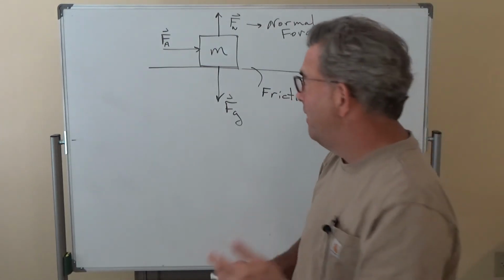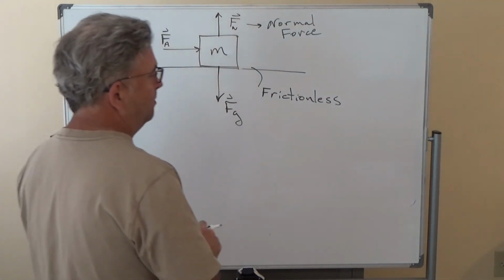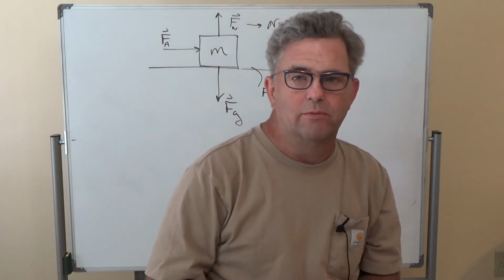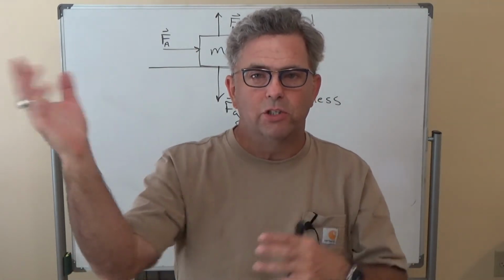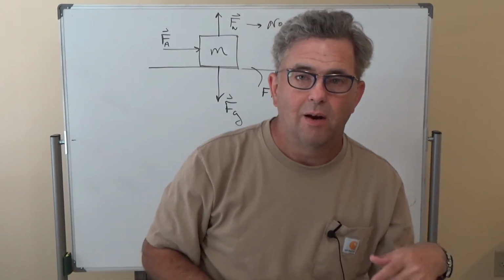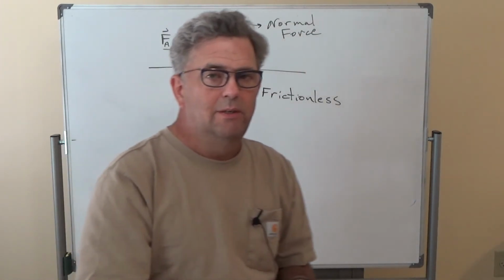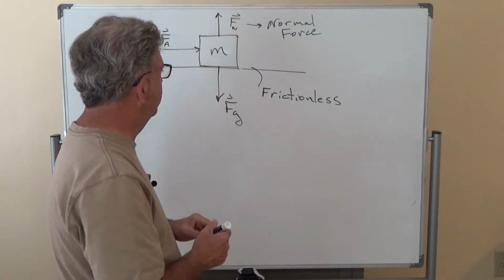I'm not concerned about any internal forces inside this object. Maybe this is a box full of little animals that are crawling around being shipped somewhere. I don't care about these internal forces. This is a rigid object sitting on this frictionless surface.